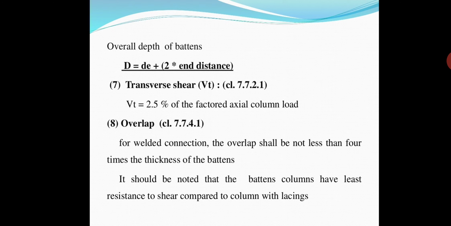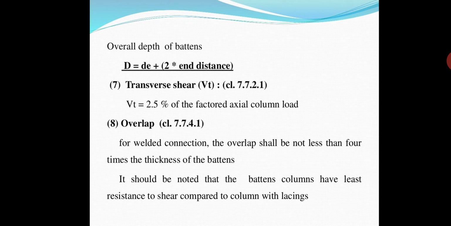So in the battening case, the same criterion should be taken for overlapping. Also note that a battened column has the least resistance to shear compared to a column with lacing.